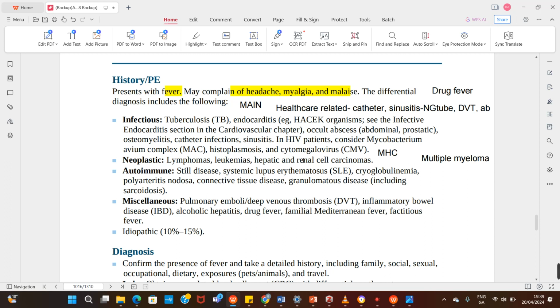Polyarteritis nodosa, so one of those vasculitides that affect the medium size vessels. So there is a transmural inflammation there that is segmental and it affects almost all the organs except the lungs. So it spares the lungs.